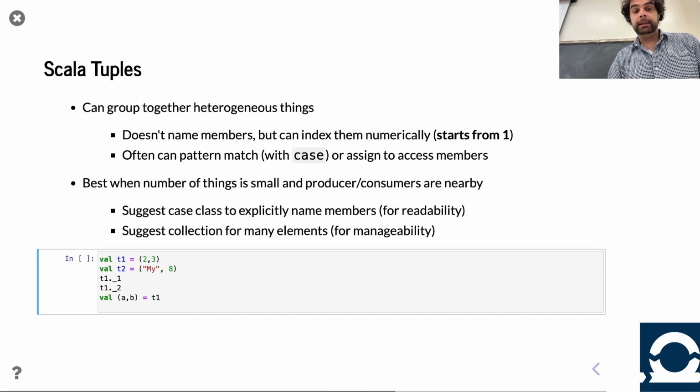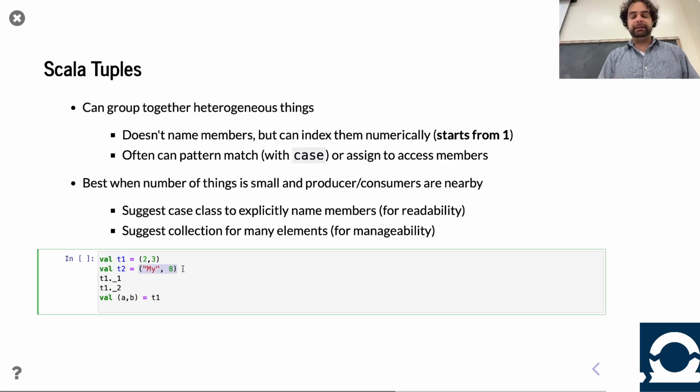Okay, then how about tuples? So I'm covering tuples now because we're going to use them in just a second. So we've kind of seen this before, and maybe a little bit more proper treatment. A lot of languages have this construct. It's a way to put together things into an object, right?